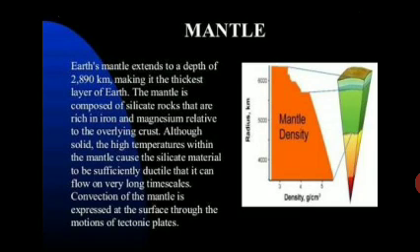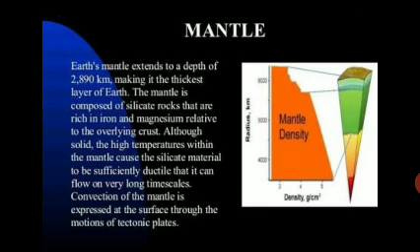The next part, below the crust, is the mantle. Earth's mantle extends to a depth of 2890 km, making it the thickest layer of Earth. The mantle is composed of silicate rocks that are rich in iron and magnesium relative to the overlying crust.